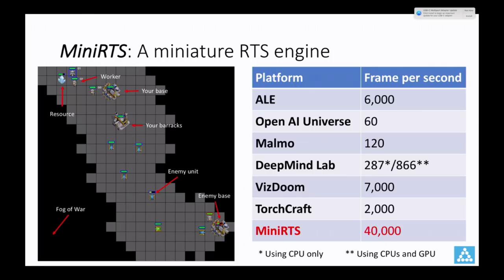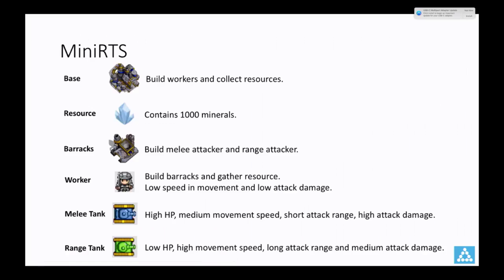Note that the game is of incomplete information, which basically means that each player can only see the part of the map within the sight of its own units. Compared to other platforms, Mini-RTS can run at about 40K frames per second per core on a laptop, while running on a cluster it could be faster. Such a speed boost makes it very usable for reinforcement learning research.